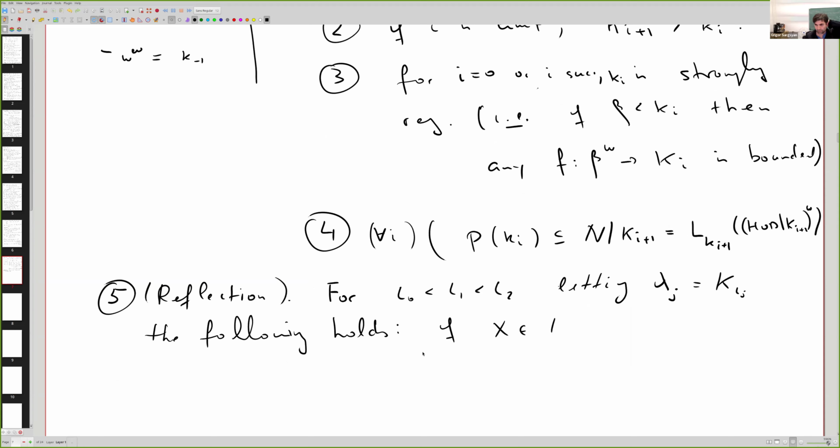X is in n up to lambda 2. So I take any set from the highest one.